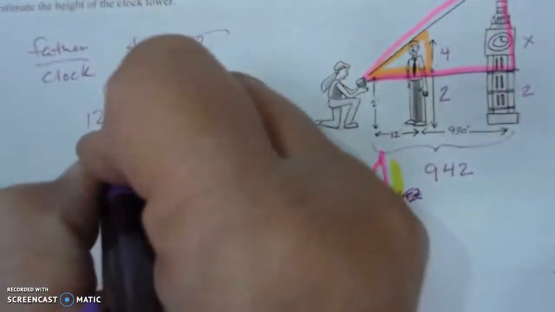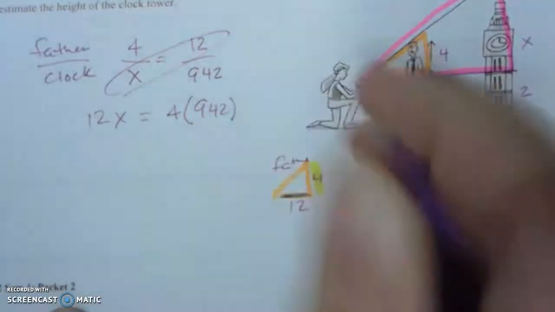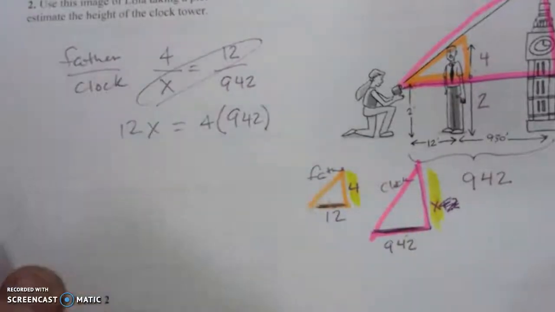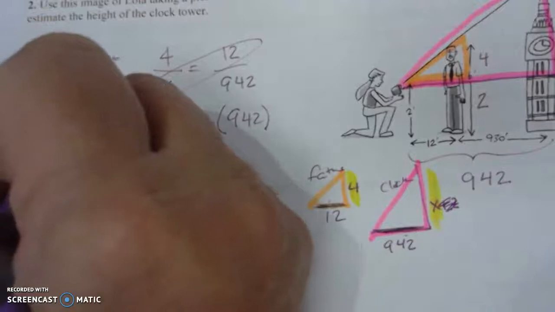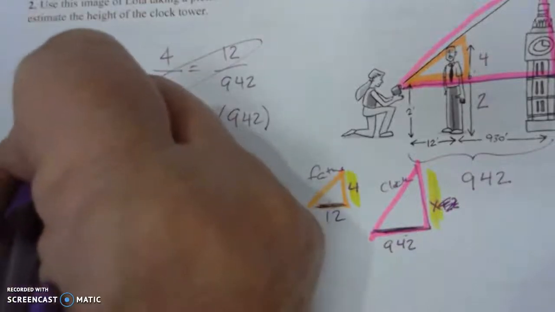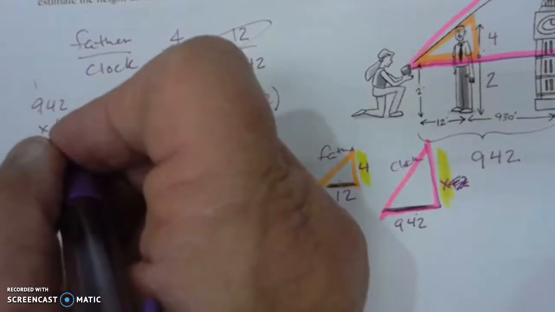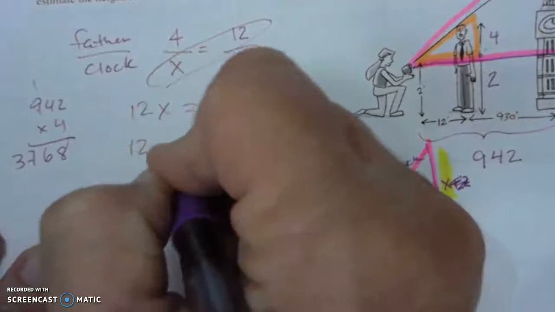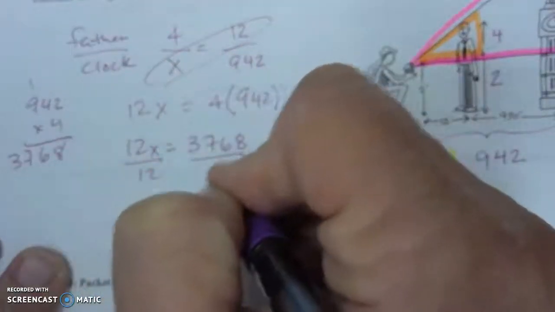So what is 12 times x? 12x is going to be equal to 4 times 942. So what is 942 times 4? 8, 16, 9 times 4 is 36, 37. So we get 12x equals 3768. Then we're going to divide by 12.